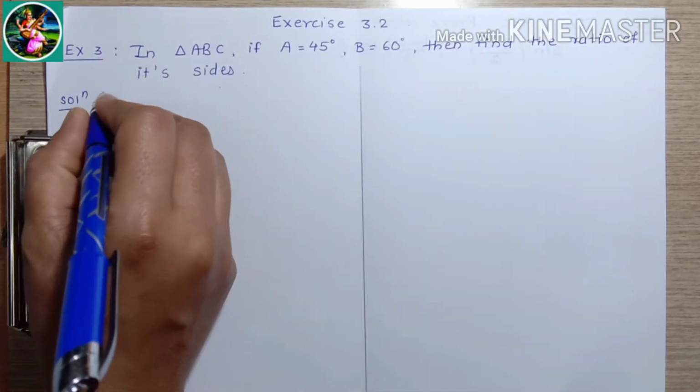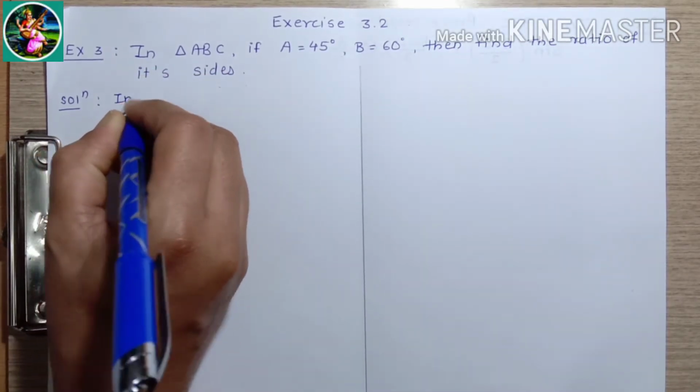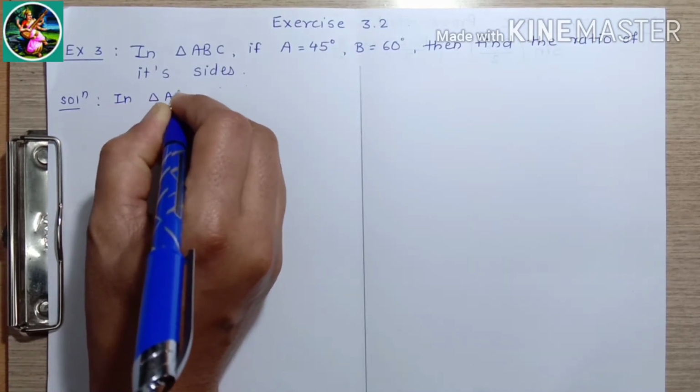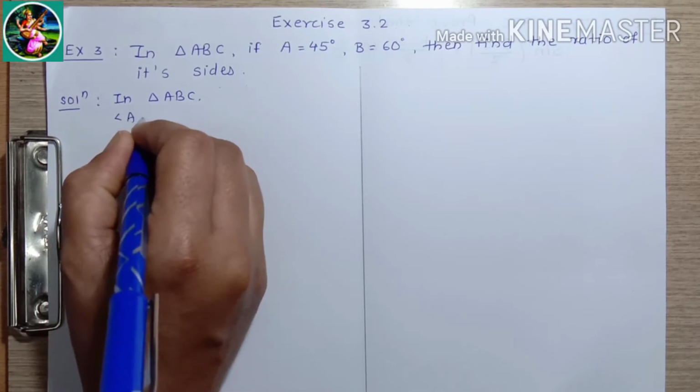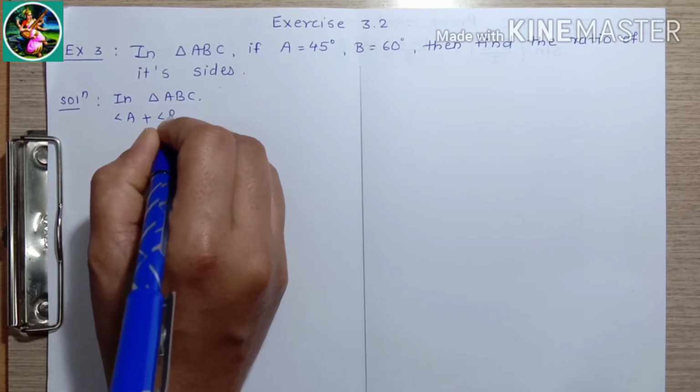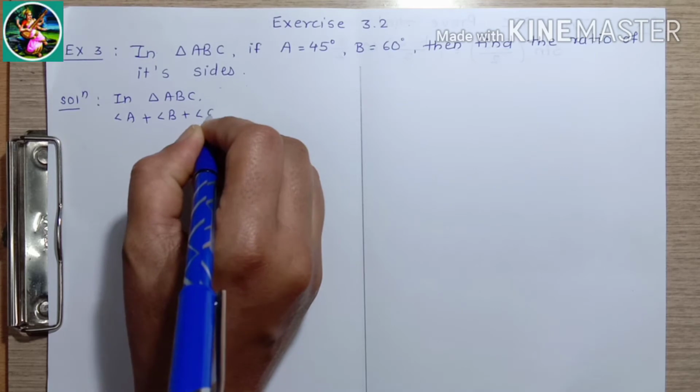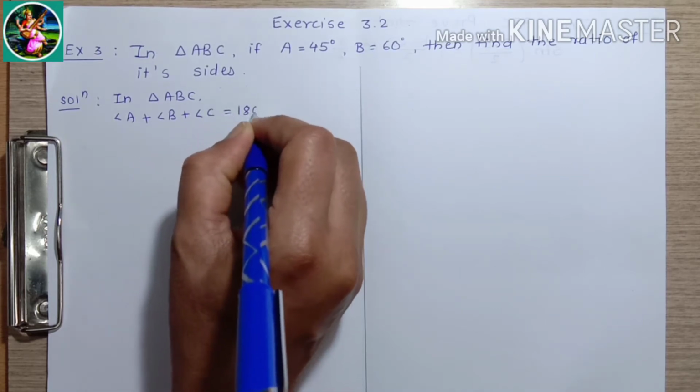Therefore, if we consider any triangle ABC, the sum of the angles, that is measure of angle A plus measure of angle B plus measure of angle C, is 180 degrees.